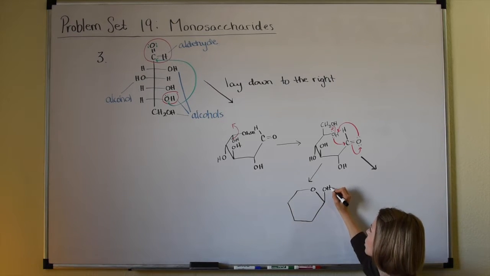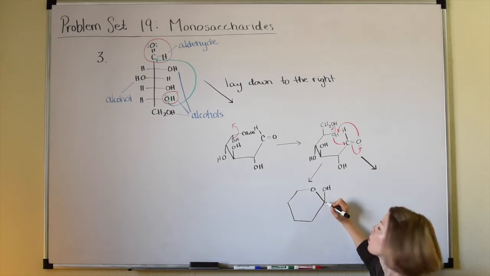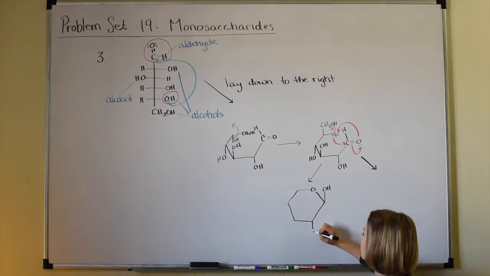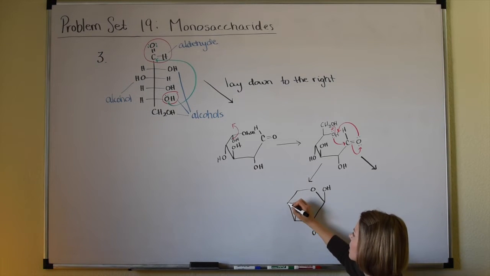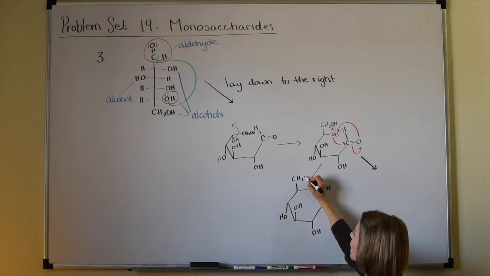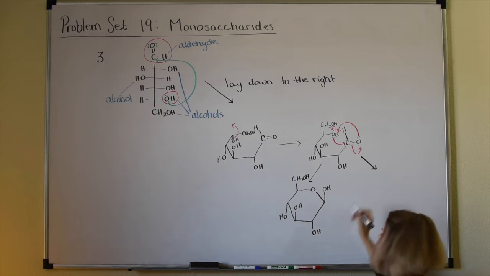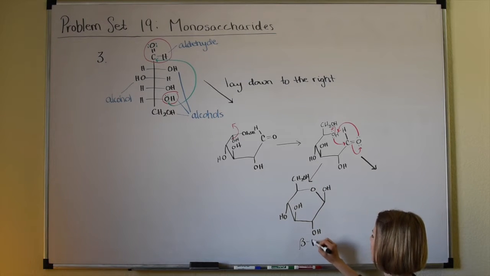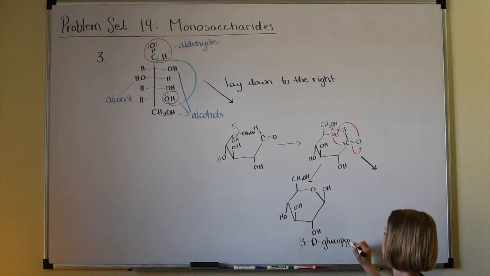Which has the OH off of the hemiacetal carbon, the anomeric carbon, pointing up, down at the 2 position, up at the 3, down at the 4, and then the CH2OH is pointing up, same as the OH in the beta position. So this is our beta-D-glucopyranose.